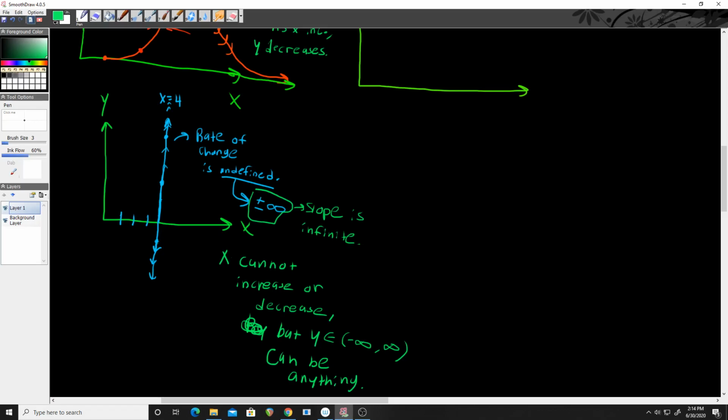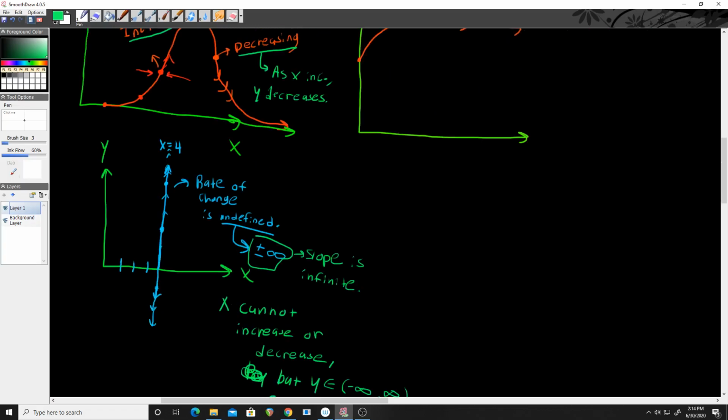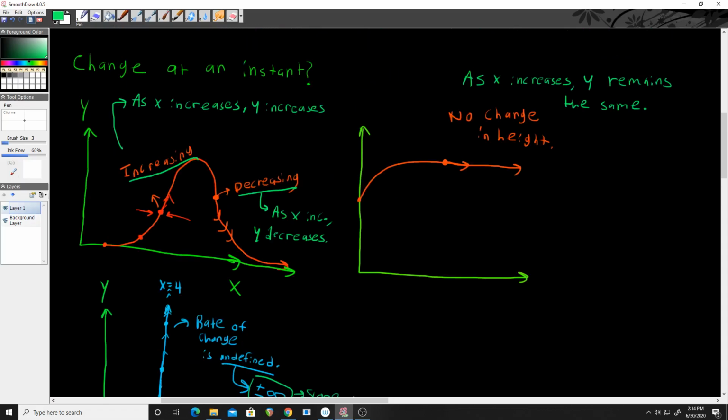Gravity is working completely against you. That's the way I think about vertical lines: they're infinitely steep in this way. You can't walk up them. So these are the situations that can occur.